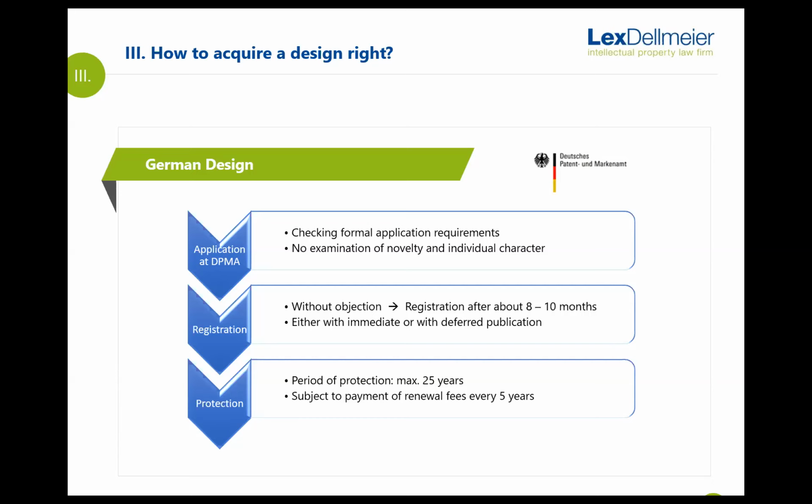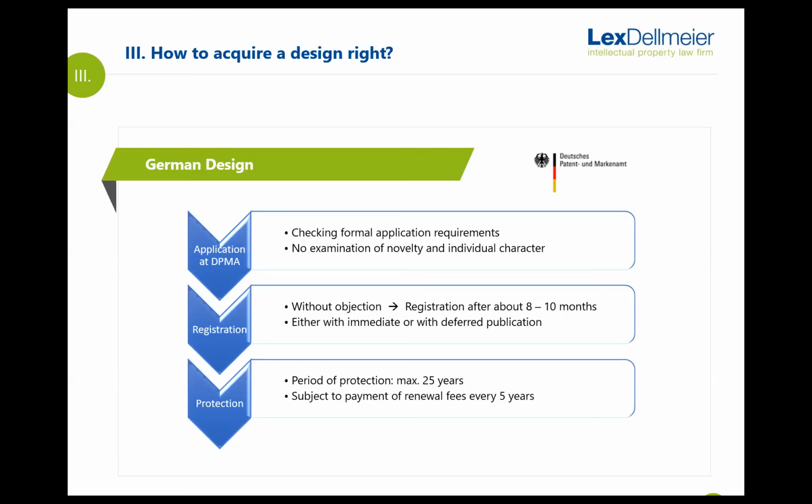However, if formal application requirements are met and the office does not have any objection, your design application will get registered. In Germany, that at the moment takes quite long, about 8 to 10 months. But the office is aware of the problem and they're working on reducing the time frame.